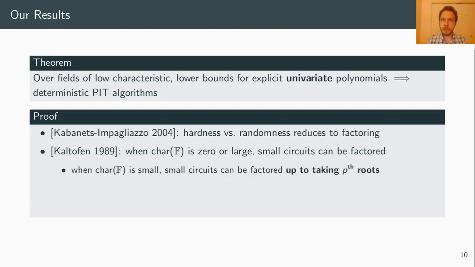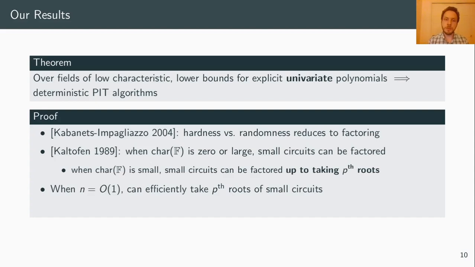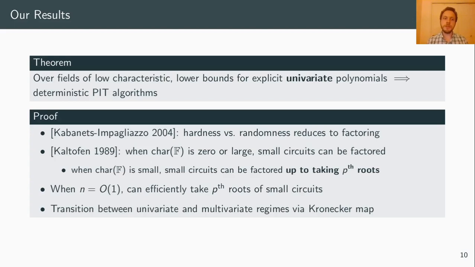So how are we going to get around this? We're going to prove a lemma that says when the number of variables is small, we can efficiently take pth roots of small circuits. And so this is going to get us over this technical hurdle that exists in small characteristic. And then, we're going to use some standard tools to transition between these univariate and multivariate regimes in the proof.